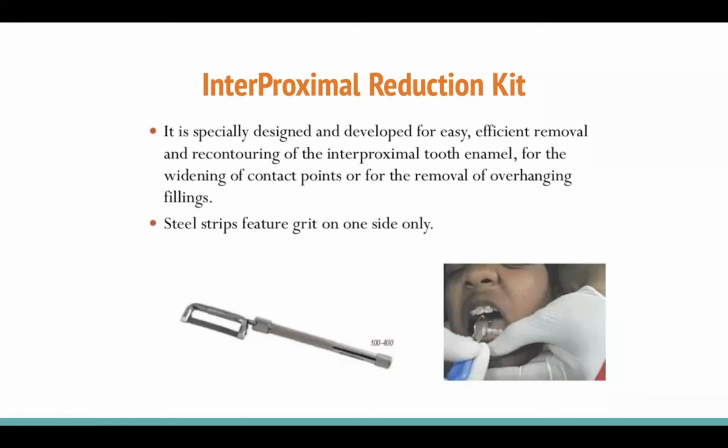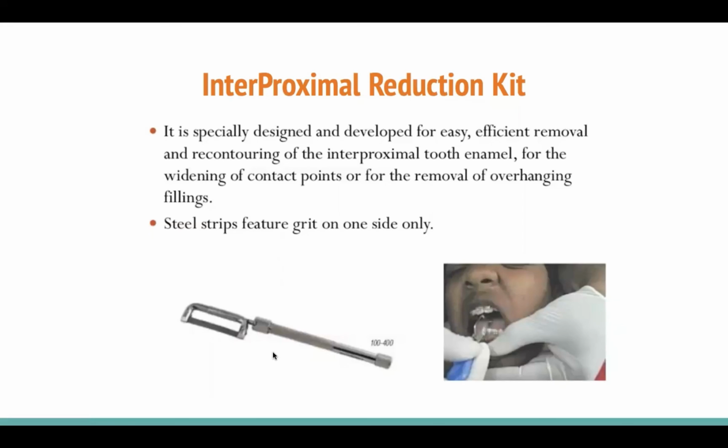It is specially designed and developed for easy, efficient removing and recontouring of the interproximal tooth enamel for widening of the contact point or for the removal of overhanging fillings. Steel strips with a fine grit on one side. So there are two types of strips: single-sided strips and double-sided strips.